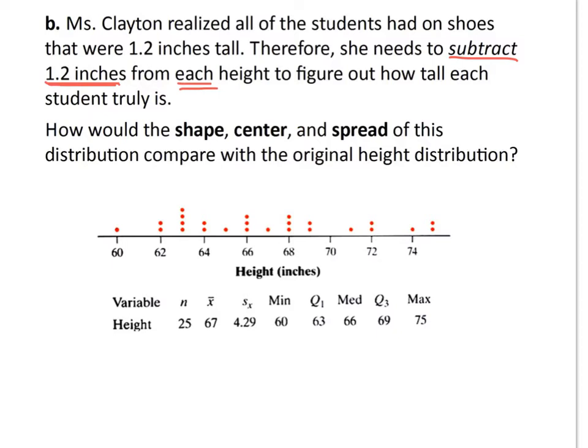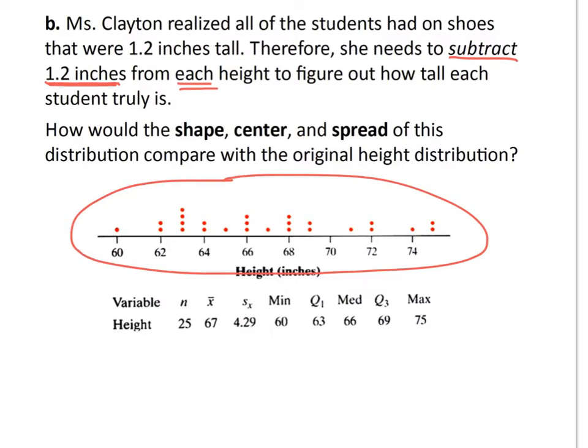So we have to subtract 1.2 inches from each of these data values. And I want to know how that would change the shape, center, and spread of the distribution. So take a minute to think about how this graph would change and how these numbers would change if each of these dots had 1.2 subtracted from it.